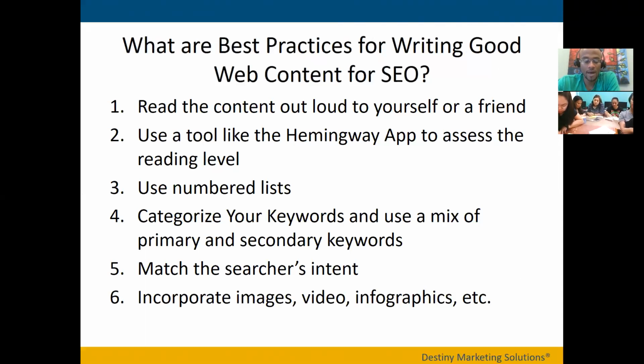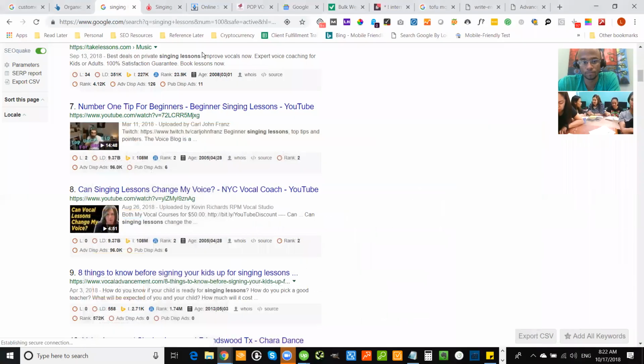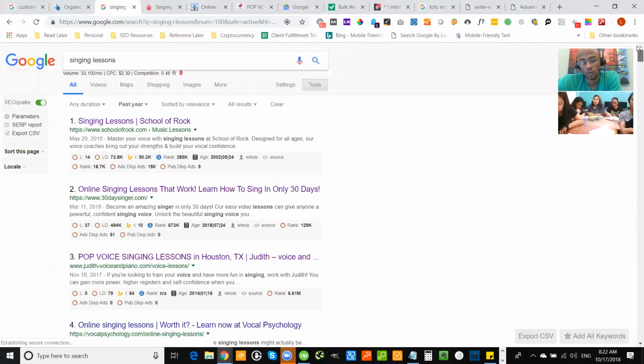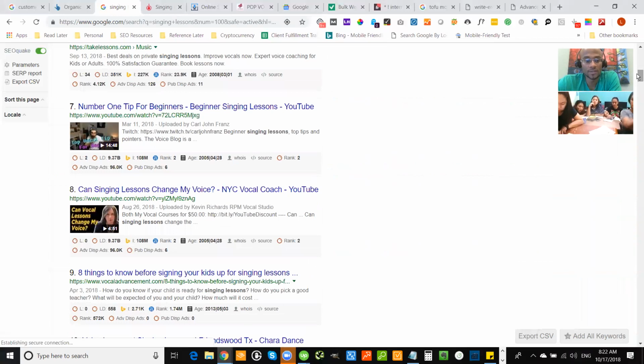So you want to make sure that whatever that person is looking for, you match their intent. Going back to our example with singing lessons, the reason these videos are showing up is because some people would prefer a video when doing singing lessons versus reading an article, because with a video you can demonstrate a vocal technique or something.